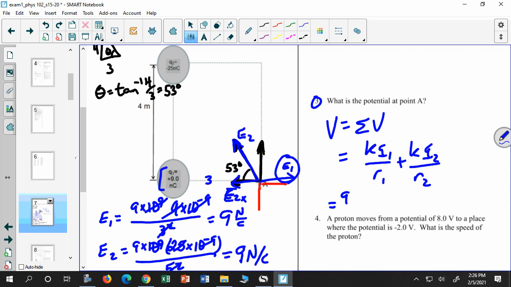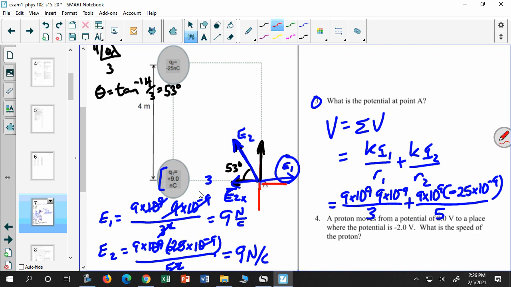So that's 9 times 10 to the 9th, Q1 is 9 times 10 to the minus 9, divided by R1, which is 3, plus 9 times 10 to the 9th, negative 25 times 10 to the minus 9, scalar quantity, so you include the signs, divided by R2, which is 5 meters, and then we get some cancellations.